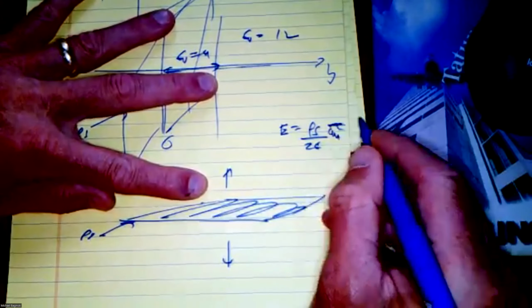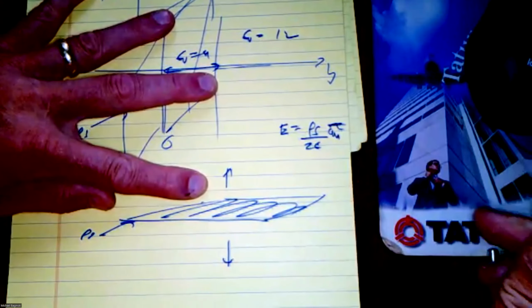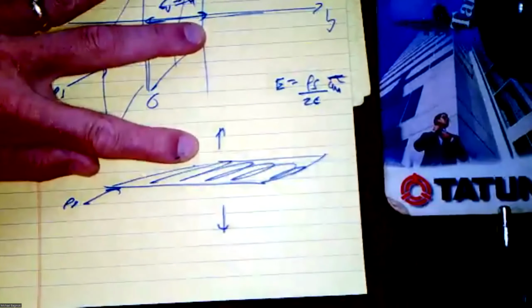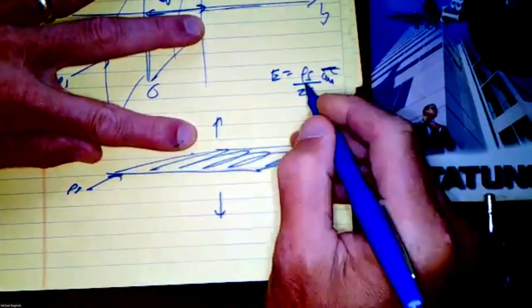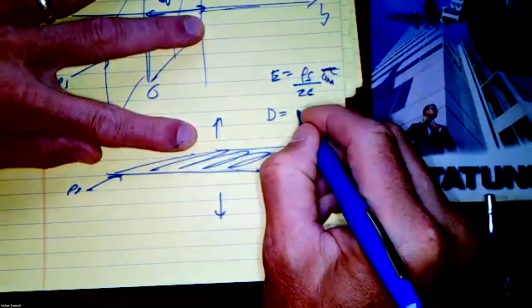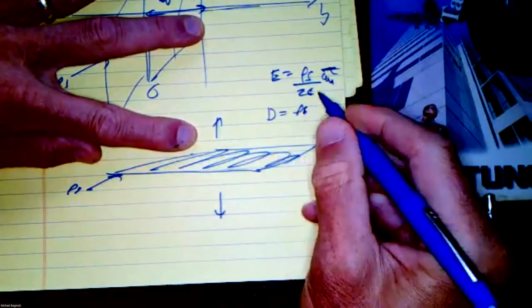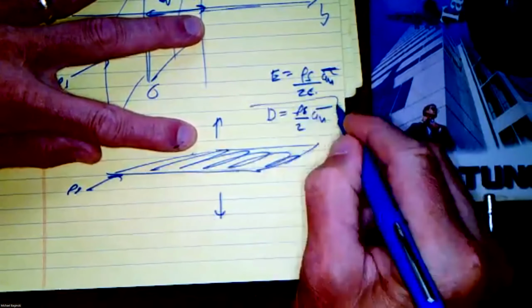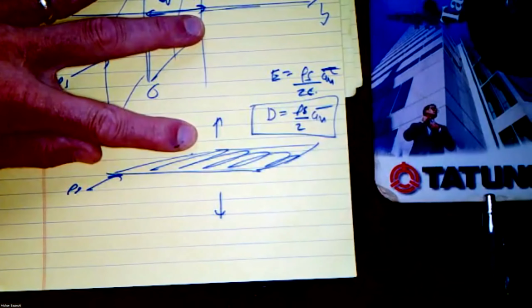Do y'all remember that, class? Yes. All right. So if that's the case, the D field would be equal to simply rho s over 2 a normal, and it's not going to be a function of epsilon. Y'all follow me? Just get rid of epsilon.